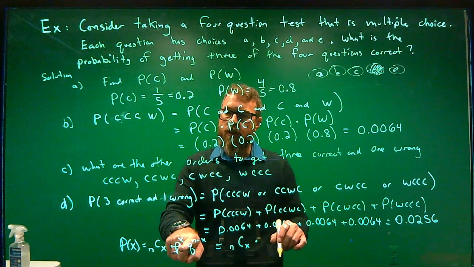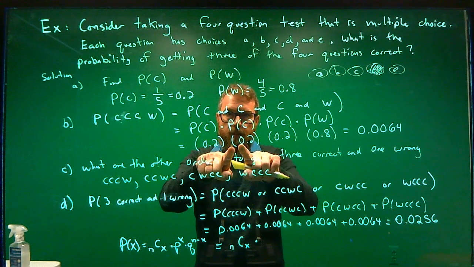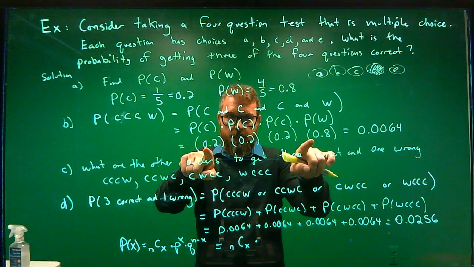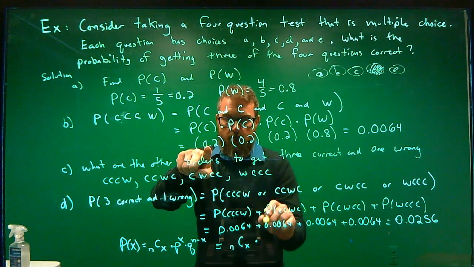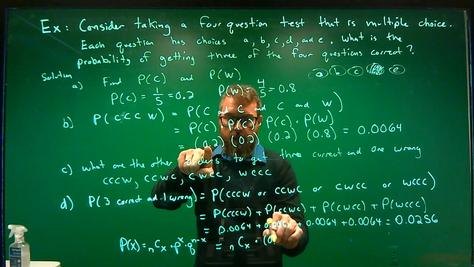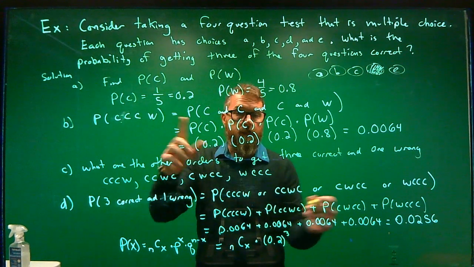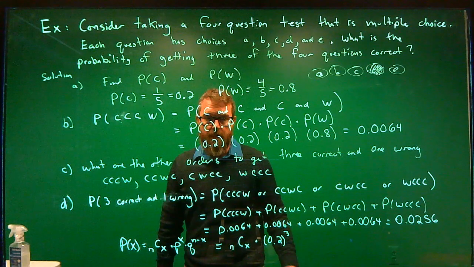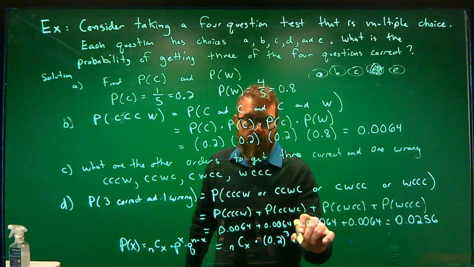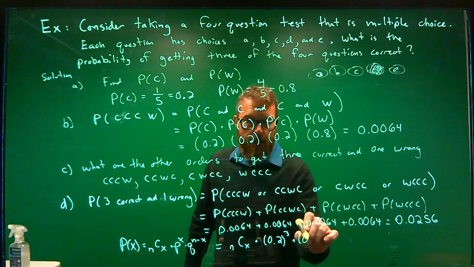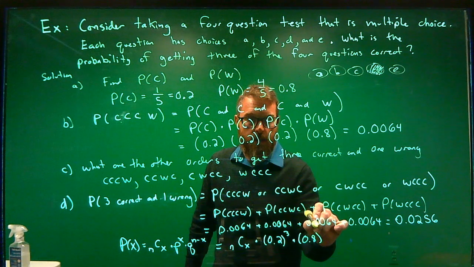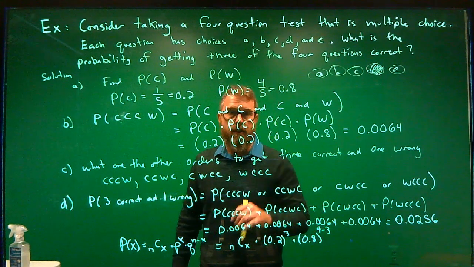Notice I want 3 answers correct, and we can see over here that no matter what it was, it's this exact same thing except these things are ordered. Regardless, I'm going to have that 0.2 cubed. I'm going to have 3 factors of 0.2. And right here I'm going to have 1 factor of 0.8, and we can see that this is 0.8 to the, there are 4 questions, and then 3 of them are going to be correct.